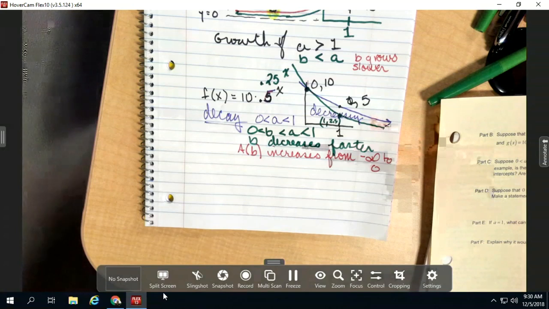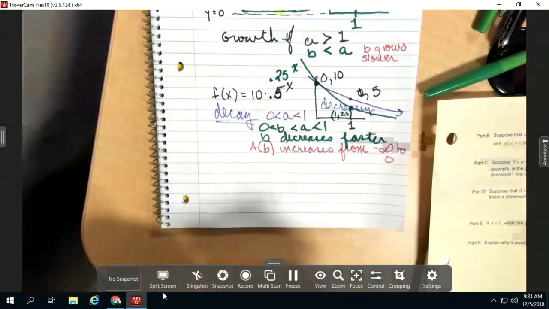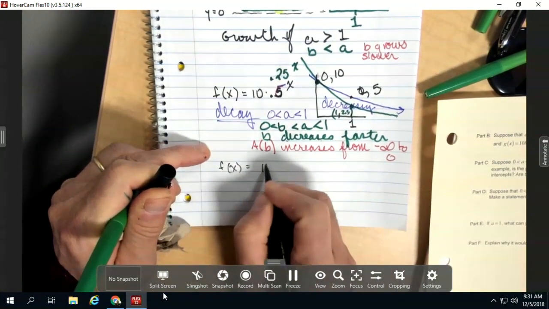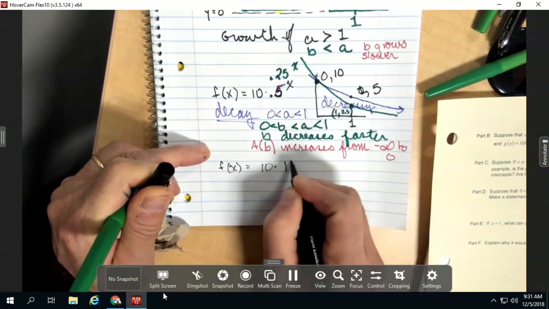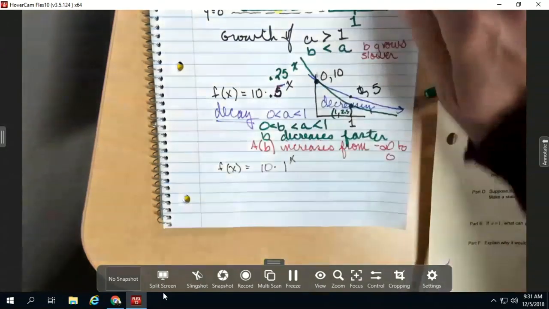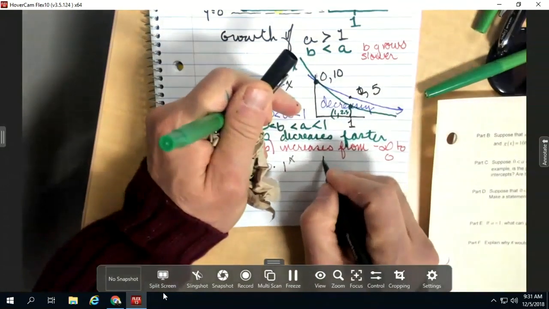Next one. F of x equals 10 times 1 to the x. Okay, so this one sloped up, this one sloped down. What's going to be true about this graph?